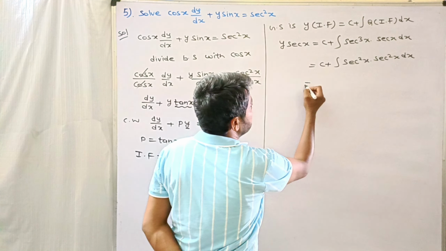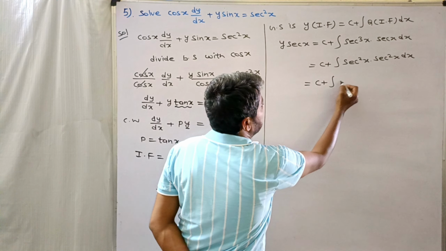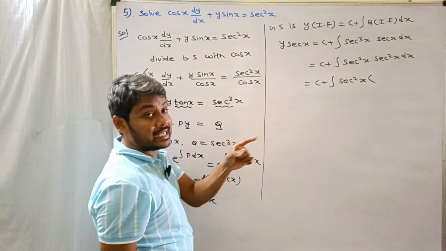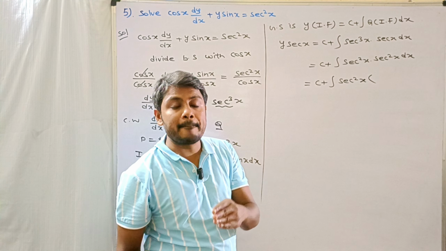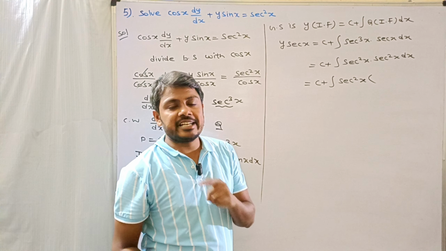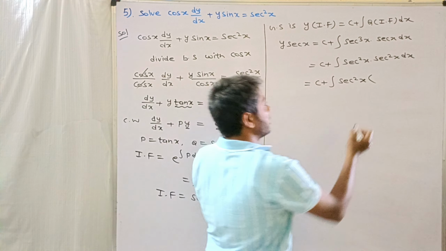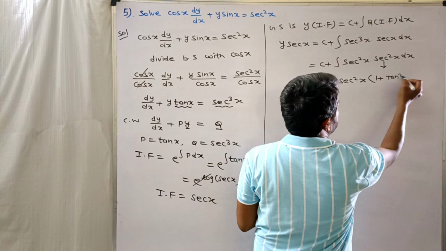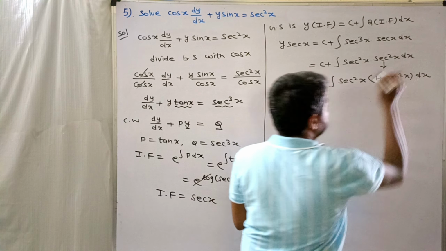Now this is c plus integral secant square x into, the secant square x can be written as 1 plus tan square x. That is the trigonometric identity. So secant square x is written as 1 plus tan square x dx.